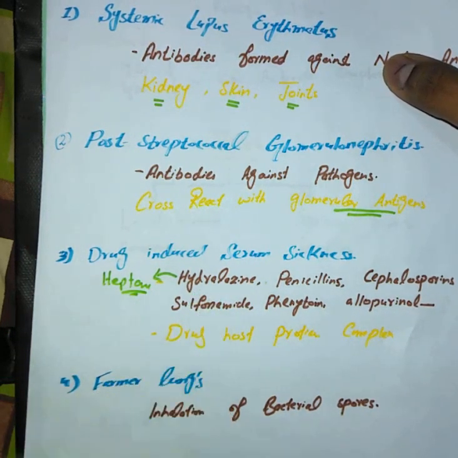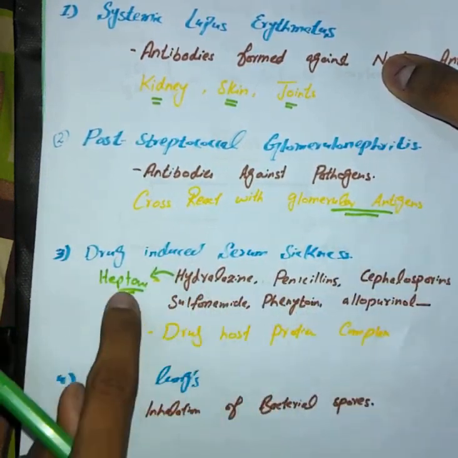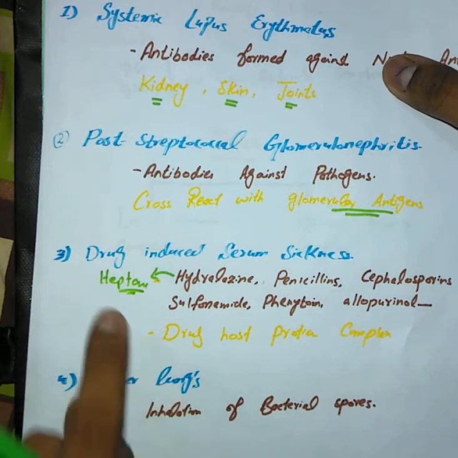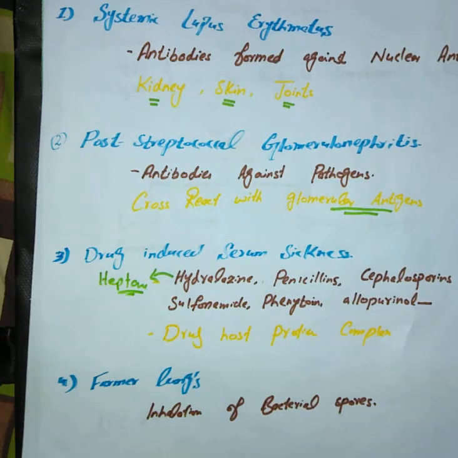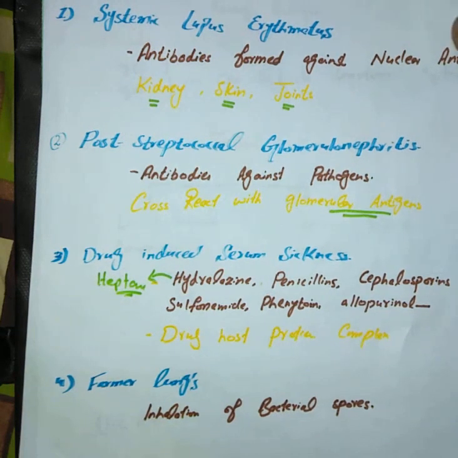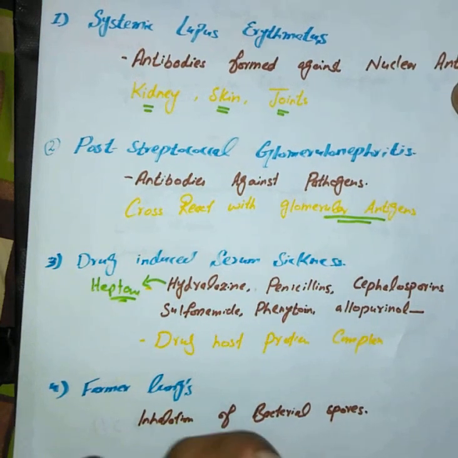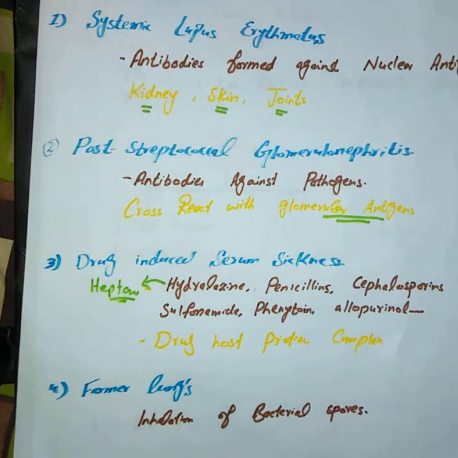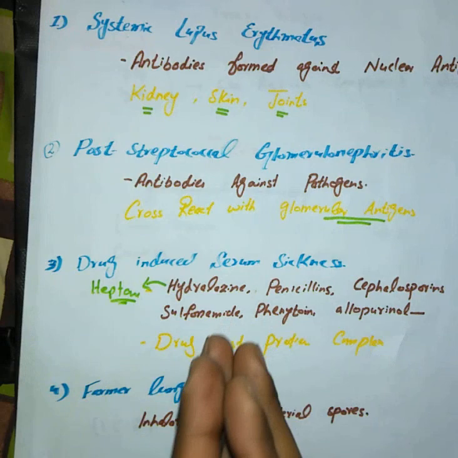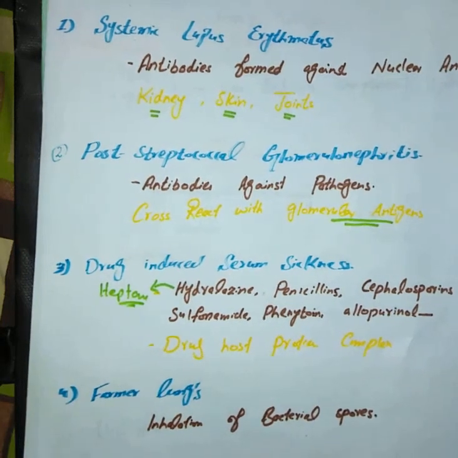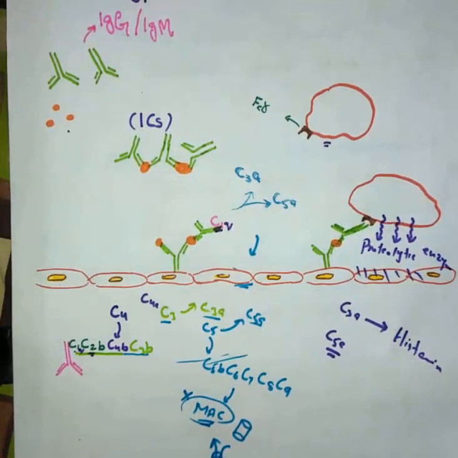The haptens will attach with those molecules, so a hapten plus carrier complex will be formed, and that complex will be able to induce the immune reaction and prompt our immune system to produce antibodies. Then the antigen and antibody interaction will take place, immune complexes will be formed, and those immune complexes will attach on the wall of the blood vessel, and all these reactions will take place as I have explained.